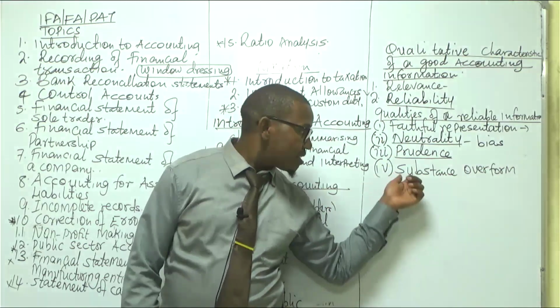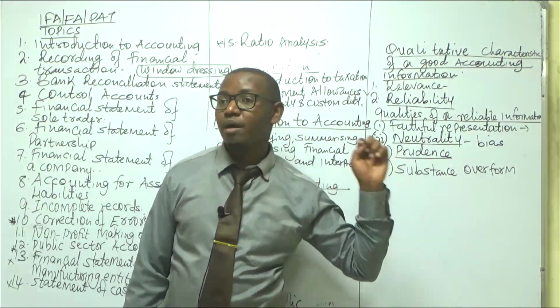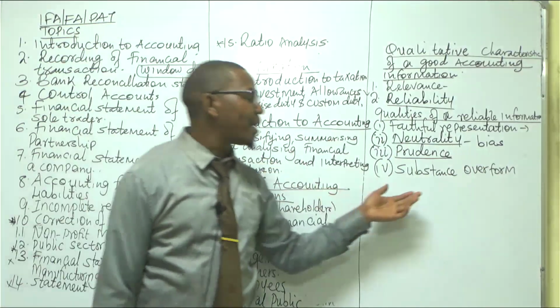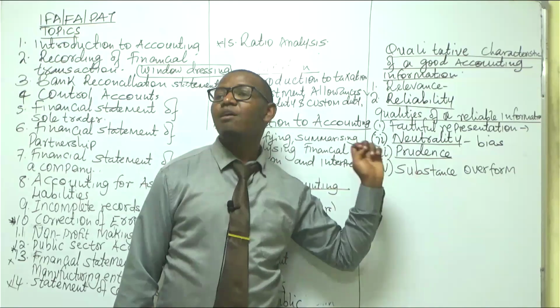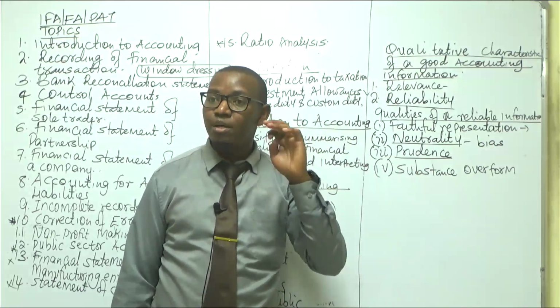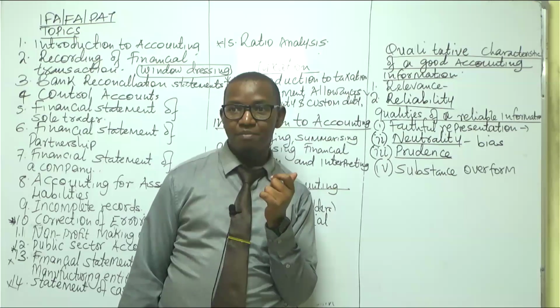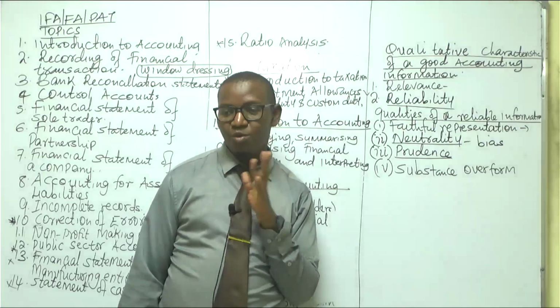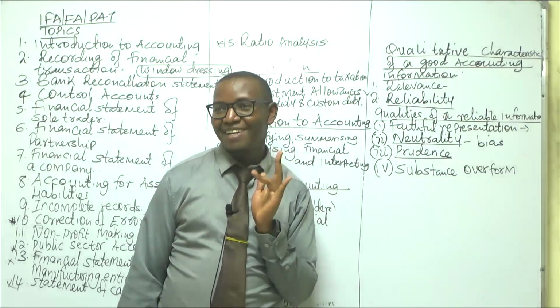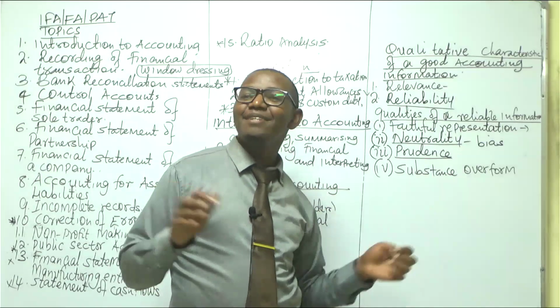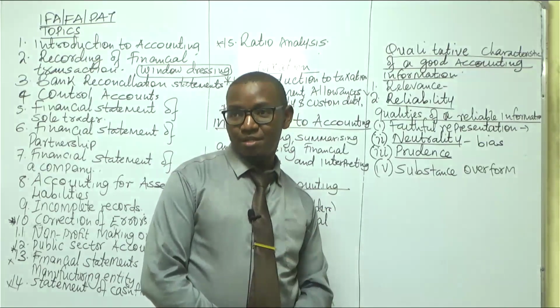Now, substance over form is also another quality of reliable information. Substance over form requires that transactions and events be accounted for in accordance with the economic existence and not merely their legal form. Let me explain. This is in the cases of hire purchase.